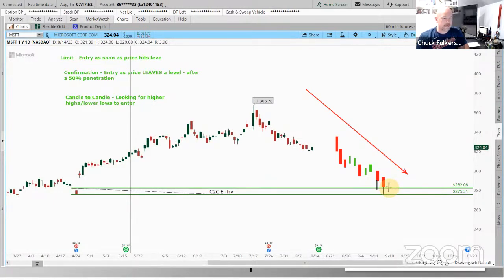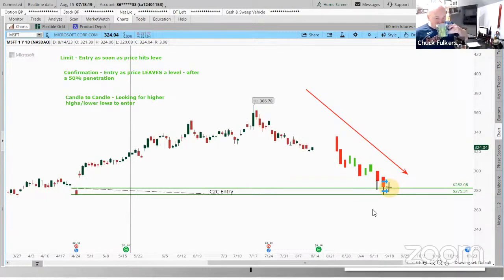And in this case, my entry would be when I get higher than this daily candlestick's high. Now, my stop is going to be when I get lower than this daily candlestick's low. So essentially my risk when I go candle to candle is the width of my reversal candlestick. And I'm relying on the reversal candlestick to give me the entry.